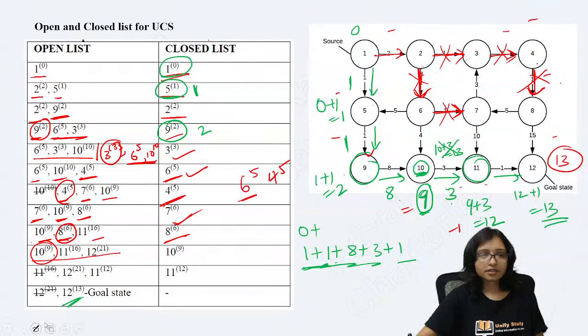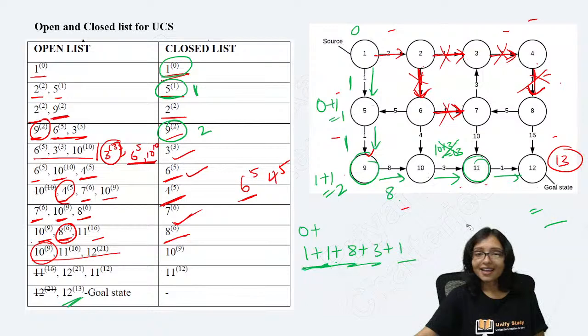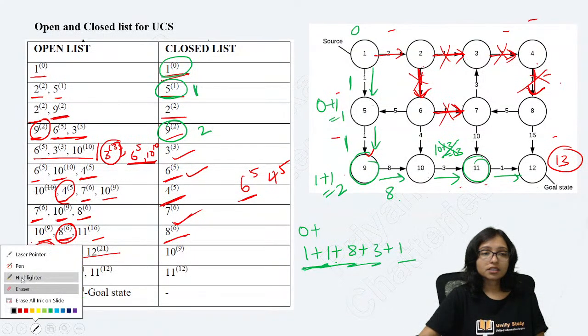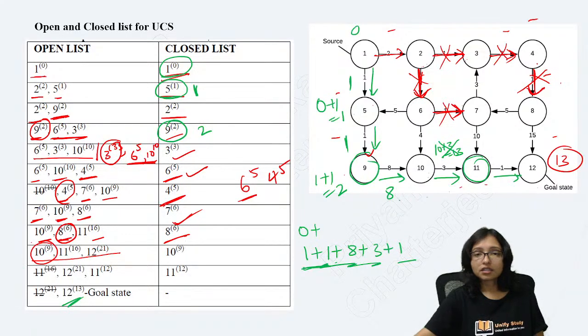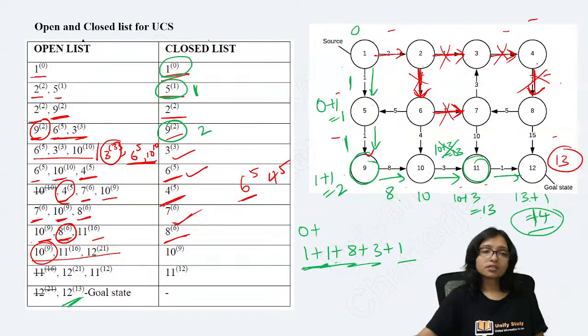Previously I was correct. I am making confusion. Sorry. 8. Then 1 plus 1, 2. 2 plus 8, 10. 10 plus 3, 13. 13 plus 1, 14. 14 only. Yes. So here is a mistake.